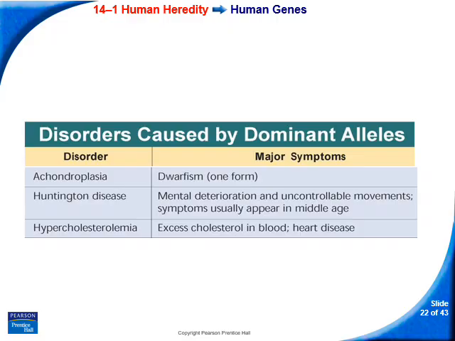Excess cholesterol in blood would eventually cause heart disease. And if you have hypercholesterolemia, that means you are producing an excessive amount of cholesterol, much more than the normal. And this is actually caused by a dominant allele.